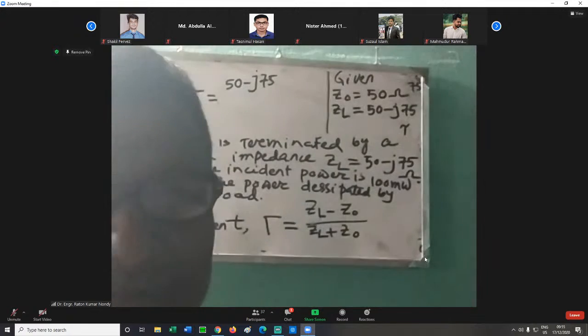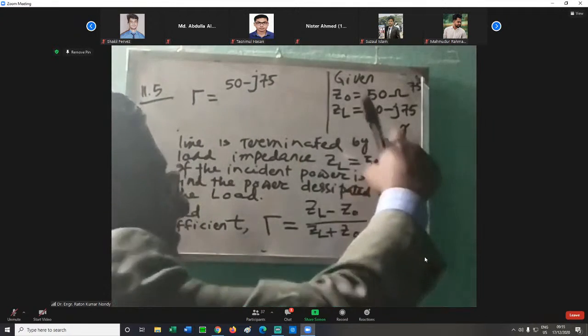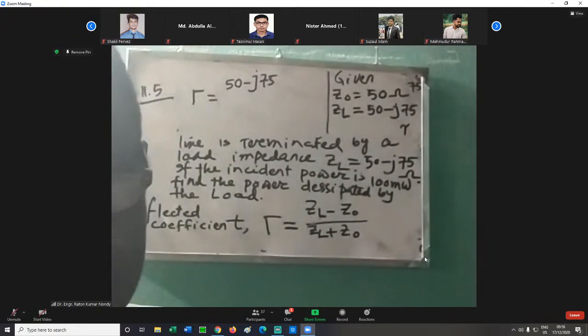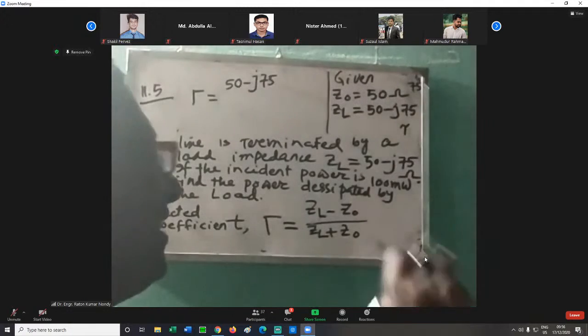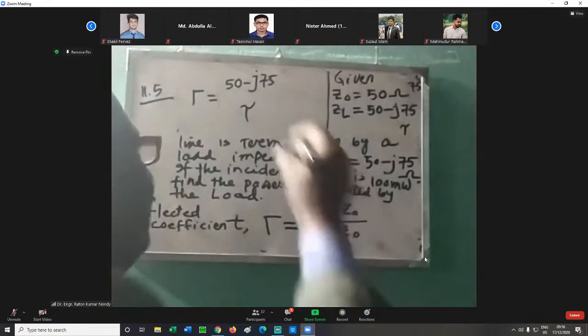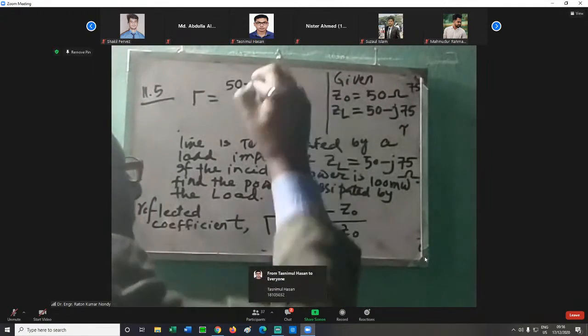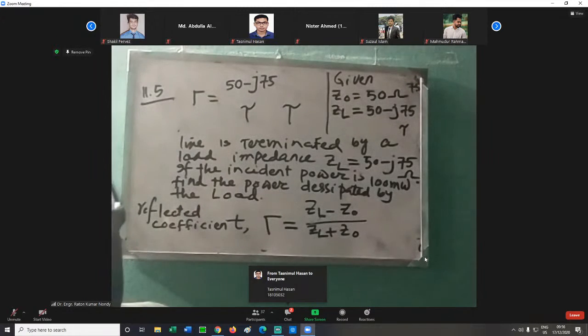Sometimes we call it big tau or tau, and that is small. You are correct.